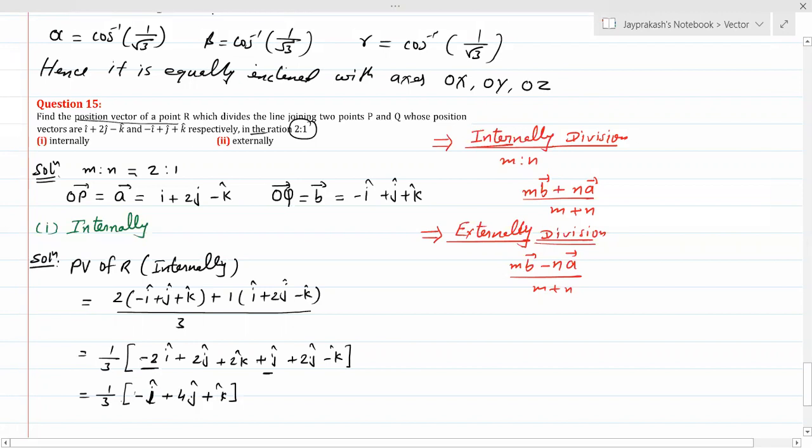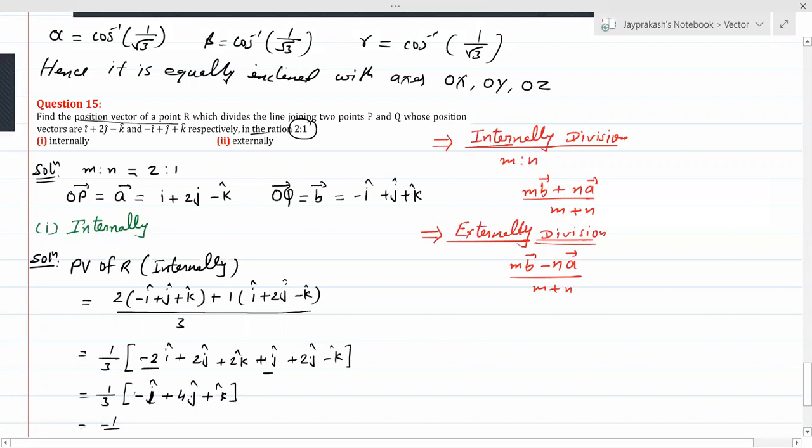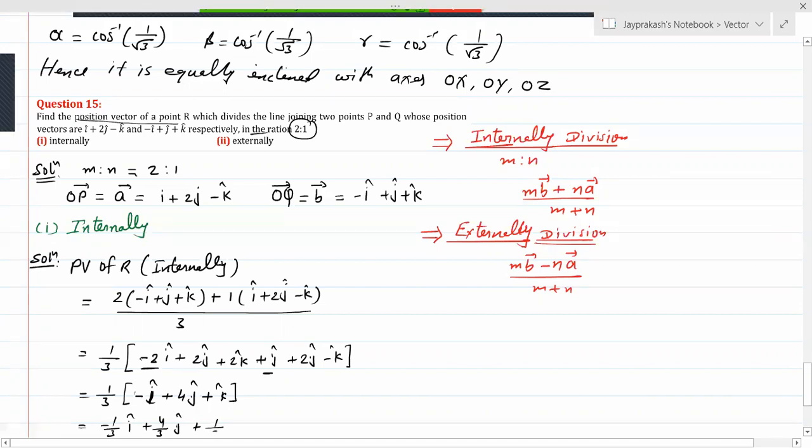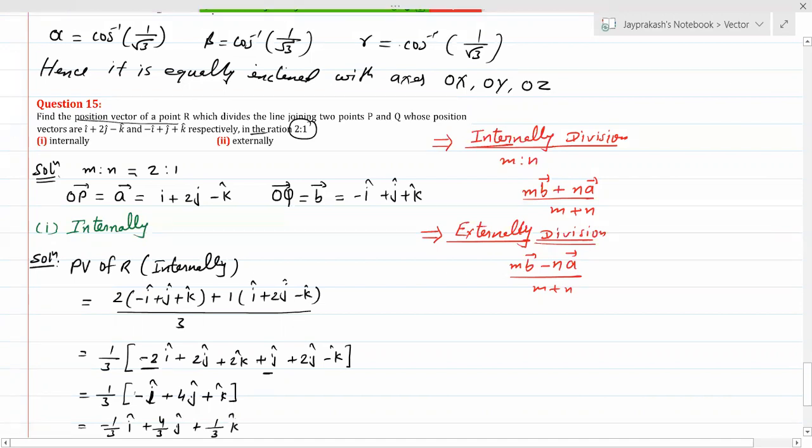So when you separate it individually, you can write here minus 1 by 3 i cap plus 4 by 3 j cap plus 1 by 3 k cap.